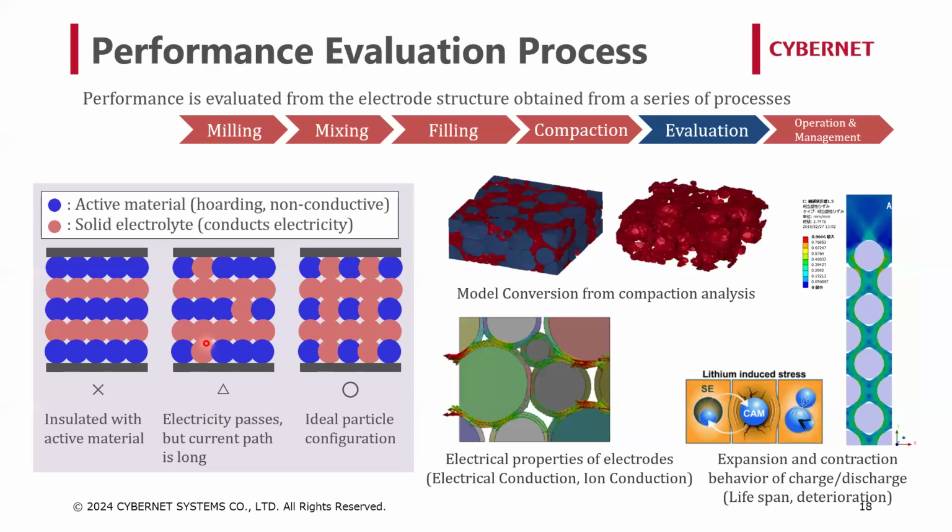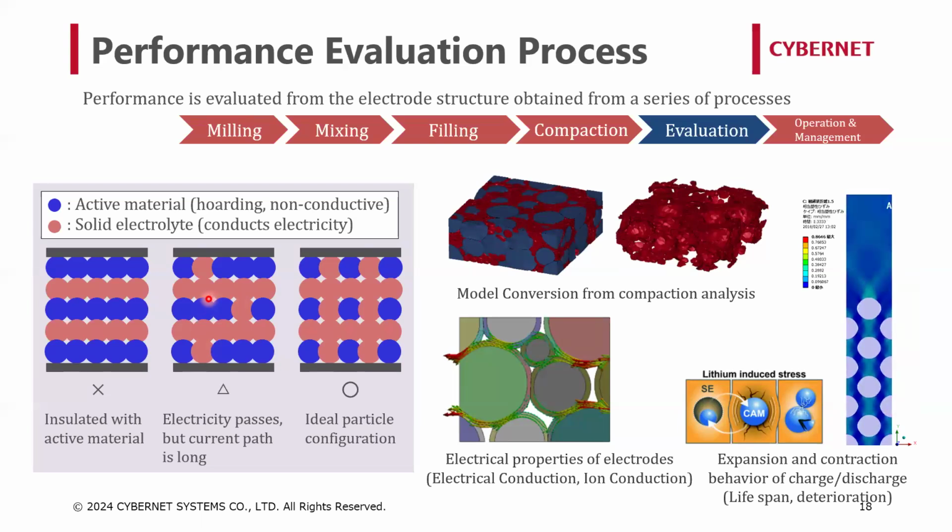As explained once again, the blue active materials store the electricity, and the red solid electrolyte is a pathway for electricity. Thus, the ions are taking the path colored in red and delivering electrical energy into the blue particles.